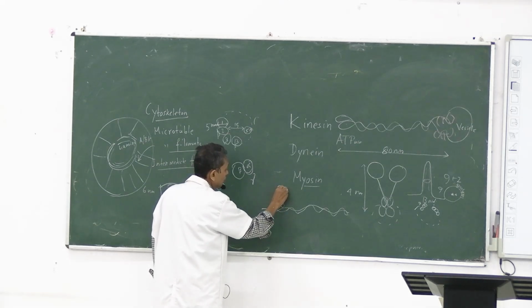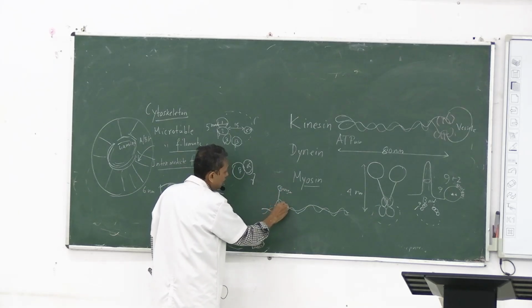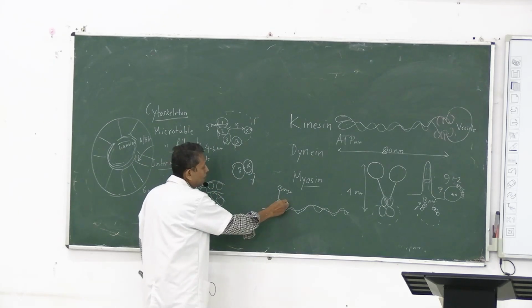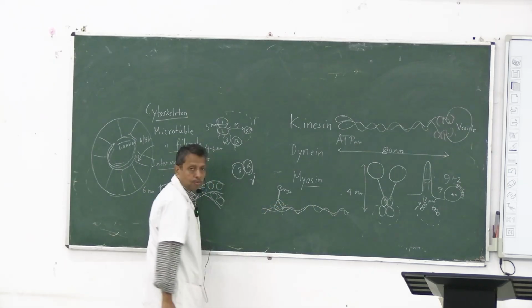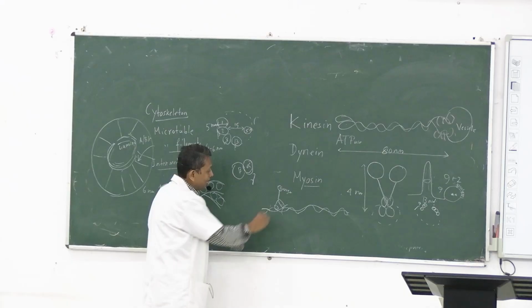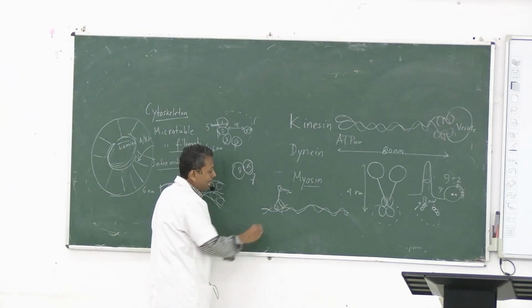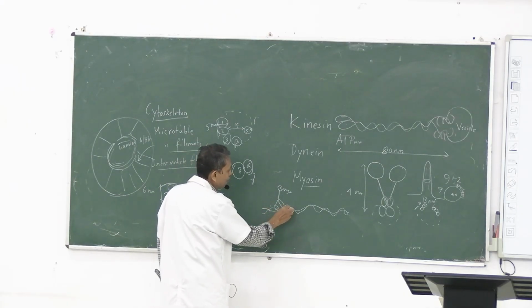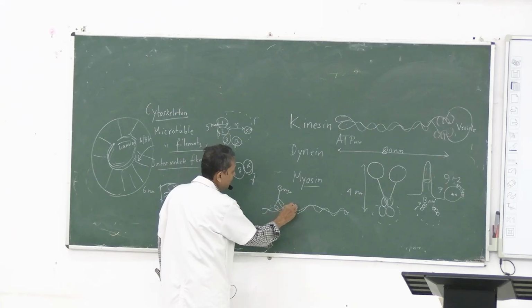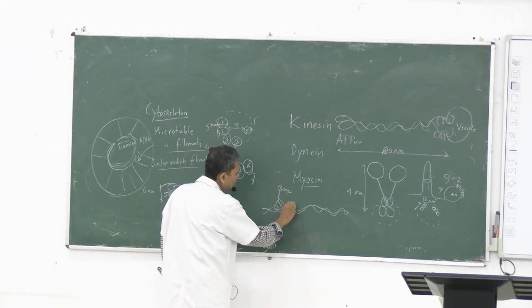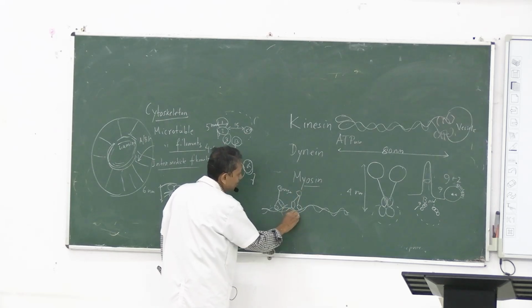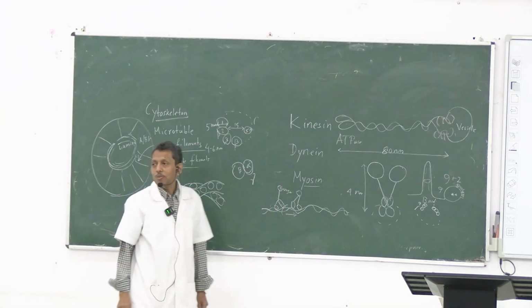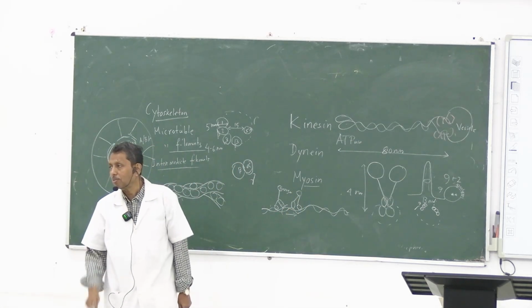This is the cargo, and they may add 1 and 2, and if there is ATP breakdown, then there is some movement, in a walking movement. They can move in this way, the 2 in this position and 1 in this position, and in this way they can move this cargo in this direction. Walking movement is possible.